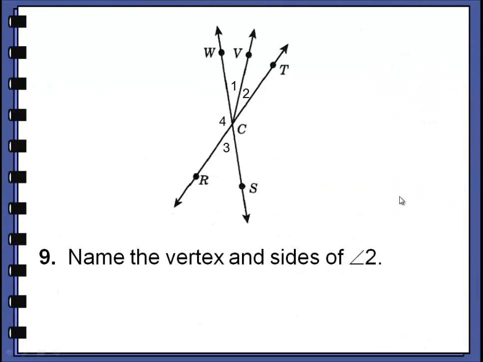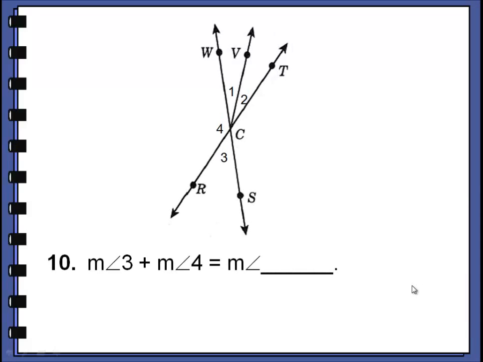All right, I'm going to ask you to fill these in on your paper. Number 9, I want you to name the vertex and the sides of angle 2. Just record that answer. At any point, if you need more time, just pause the video. Number 10, if you put together the measure of angle 3 plus the measure of angle 4, what new angle is formed when I put those together?